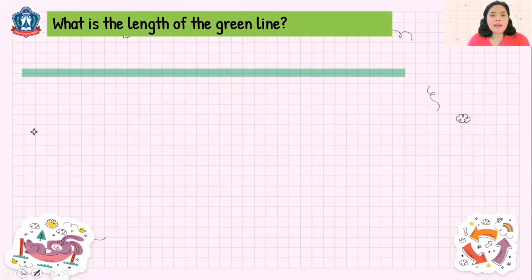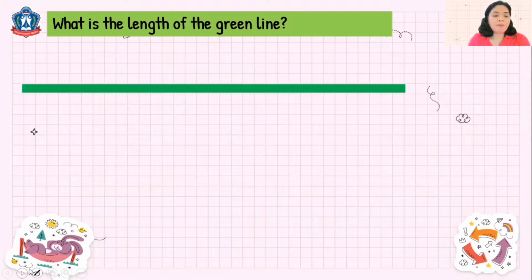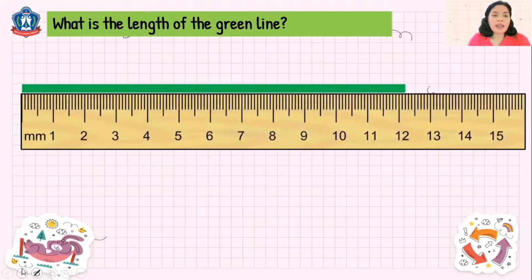Another, I have here a green line. Let's measure. Again, we will start from the left edge and go until the right edge. Okay, this ruler, children, is still in centimeters. We have millimeters here. It means from 0 until 1, that is 10 millimeters.